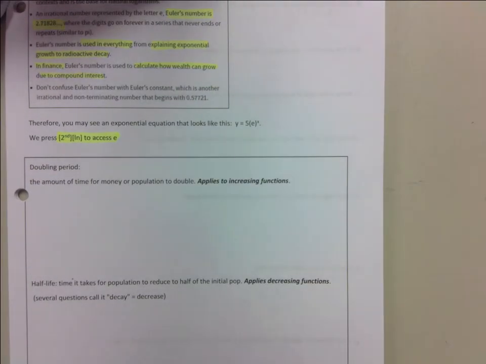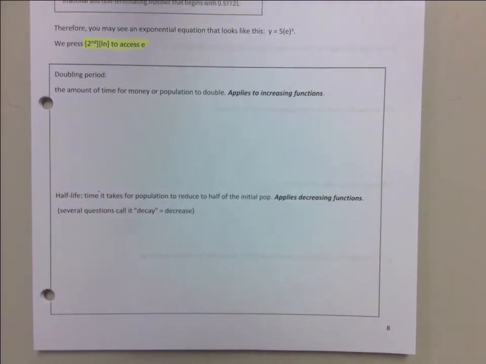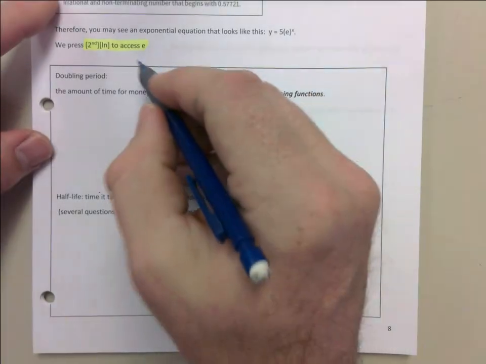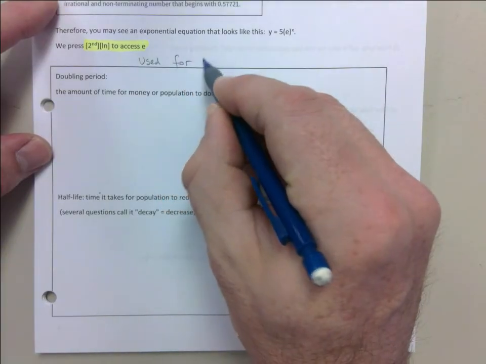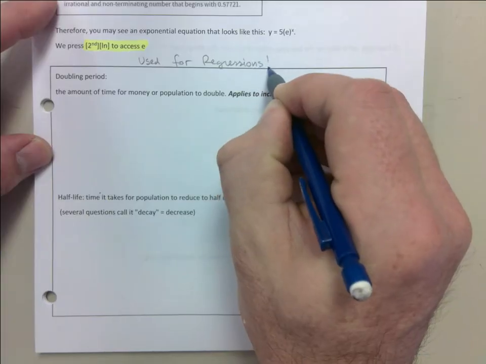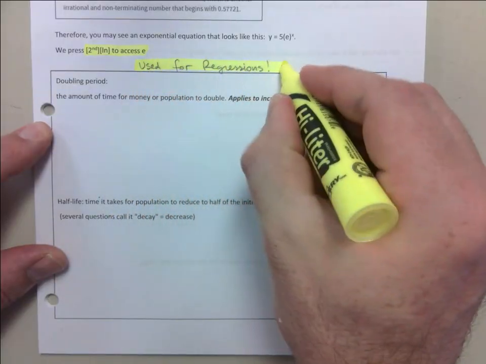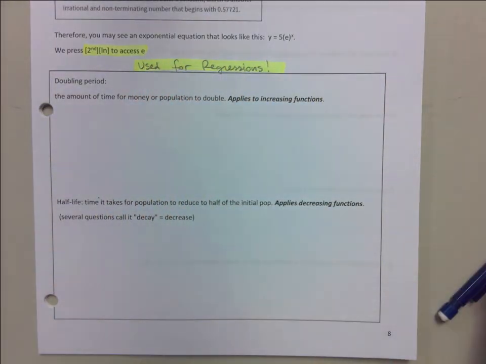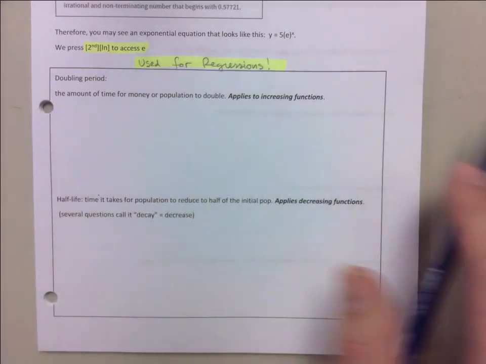And so that's that. Now, this box right here is extremely important. This is used for regressions. Write that down. This is a system that we use to perform regressions, to come up with points. Doubling, there's something called doubling period.